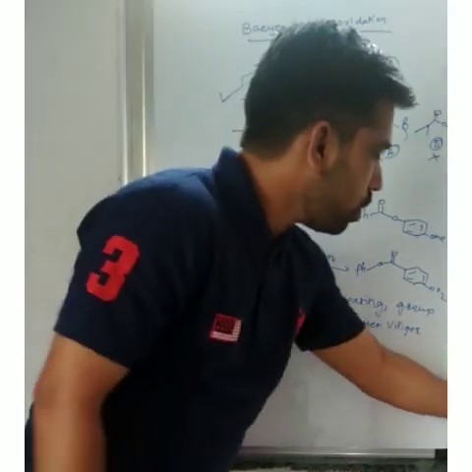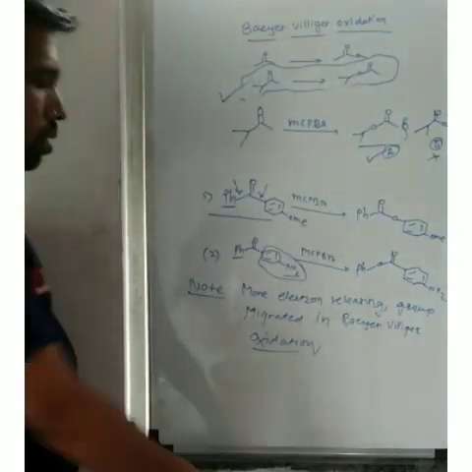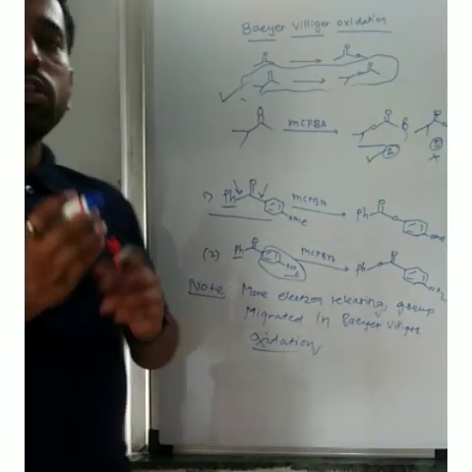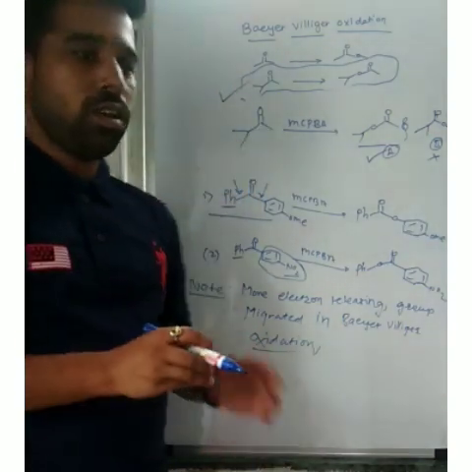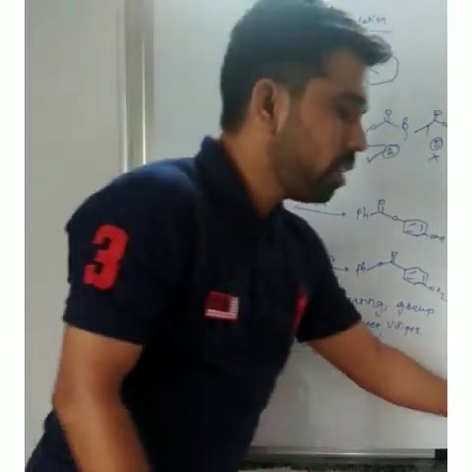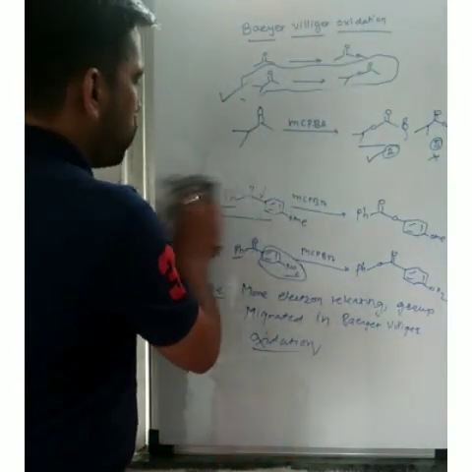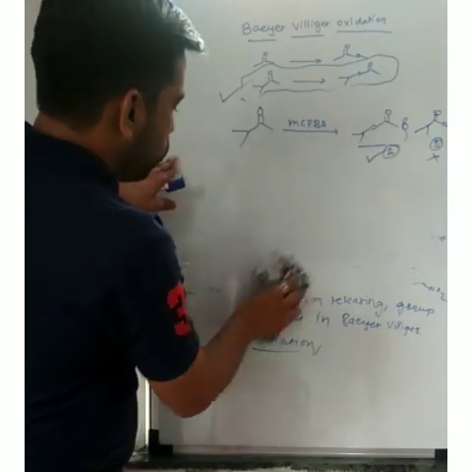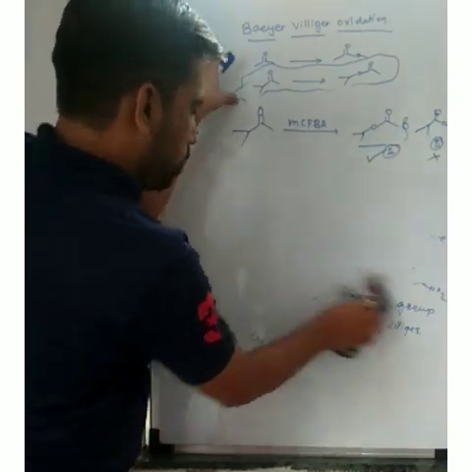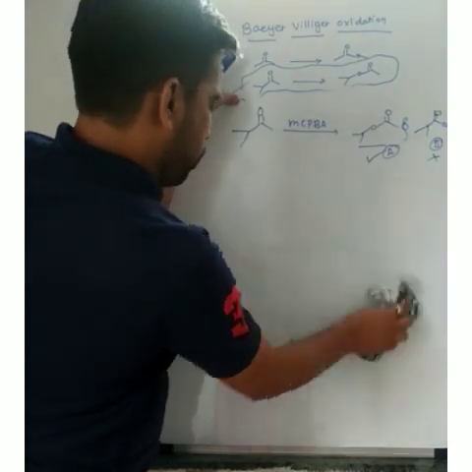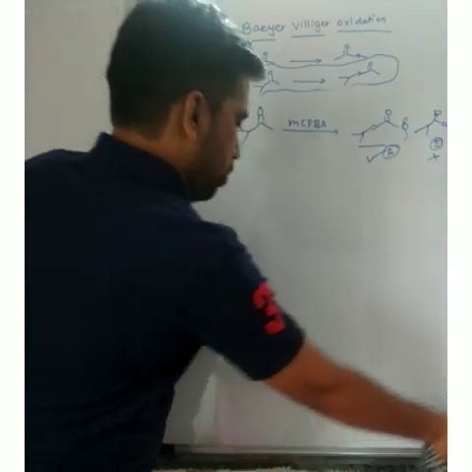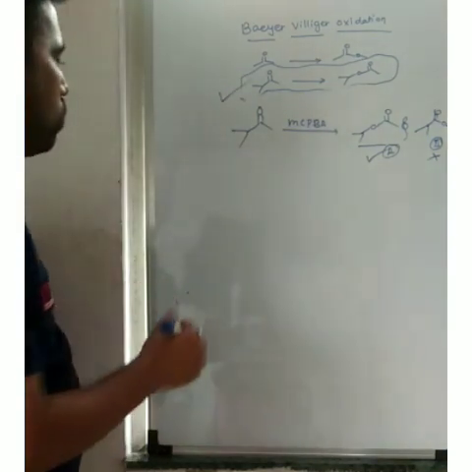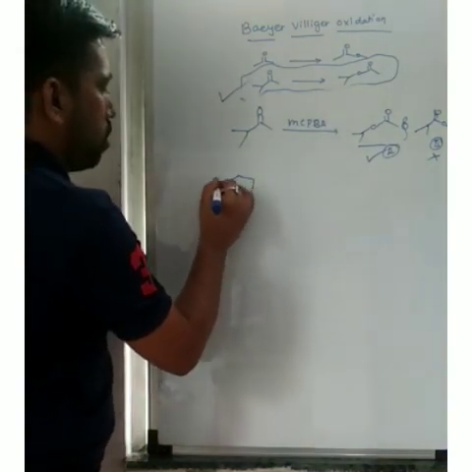Now, this is all about which group is migrated. But what about the stereochemistry of the migrating group? If a chiral center is present at the migrating origin, then what about that in the Baeyer Villiger oxidation reaction? Let's see the example.